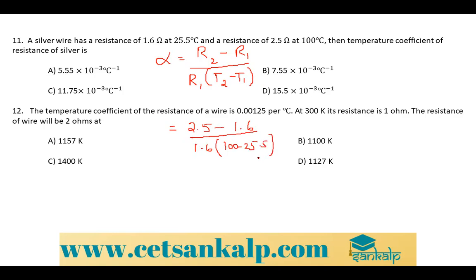Okay, so 2.5 minus 1.6 is 0.9, divided by 100 minus 25 is 75. So 75 into 1.6, it will be 0.9 divided by 120. So 0.9 divided by 120.